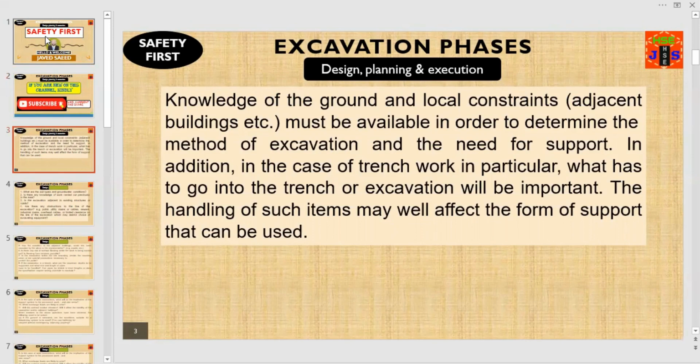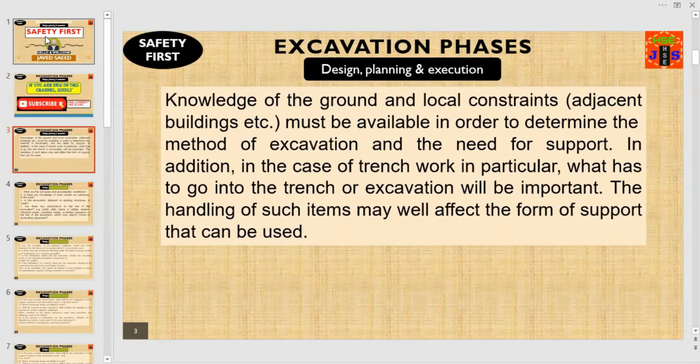Dear friends and fellows, knowledge of the ground and local constraints, adjacent buildings must be available in order to determine the method of excavation and the need for support. In addition, in the case of trench work in particular, what has to go into the trench or excavation will be important.